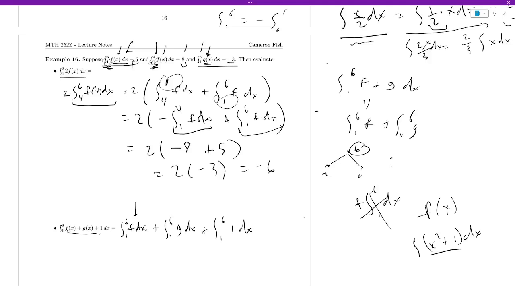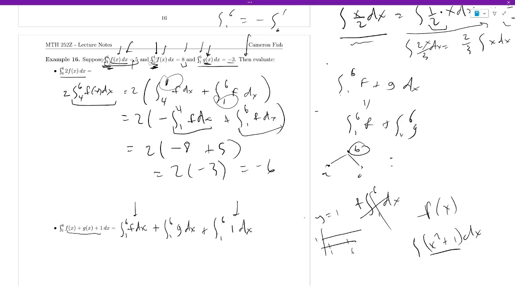Okay, and then the other thing to mention is, what is this? We don't have information about the integral of 1 dx. Except we know how to do the integral of 1 dx. I think of the graph. What does y equals 1 look like? It looks like this.